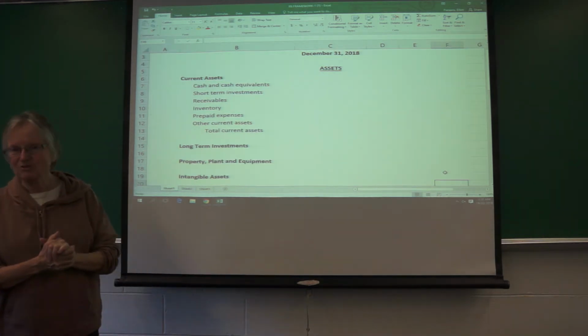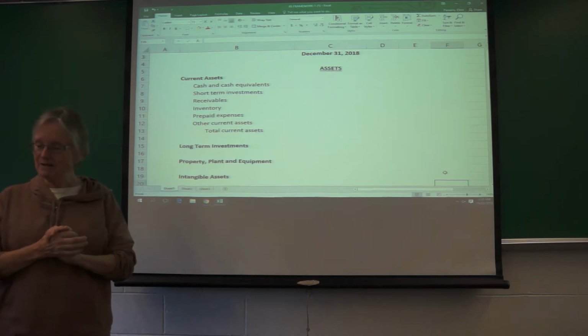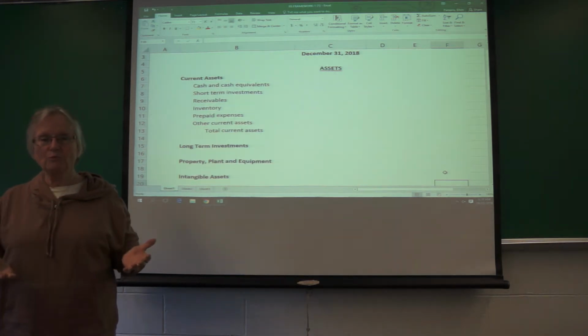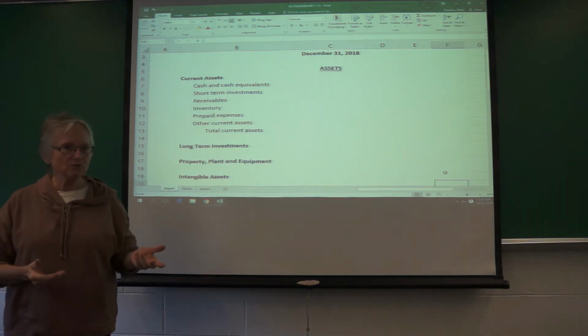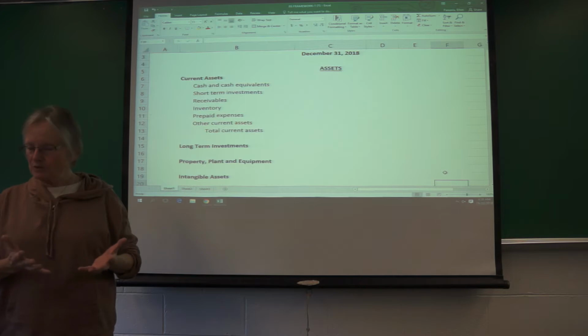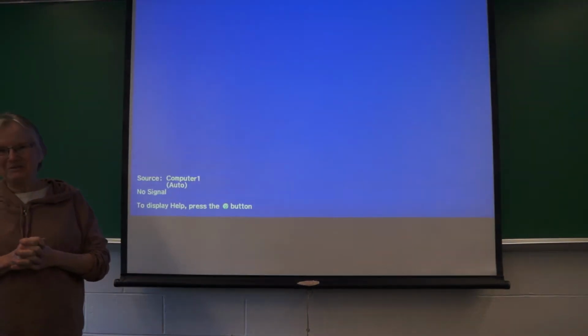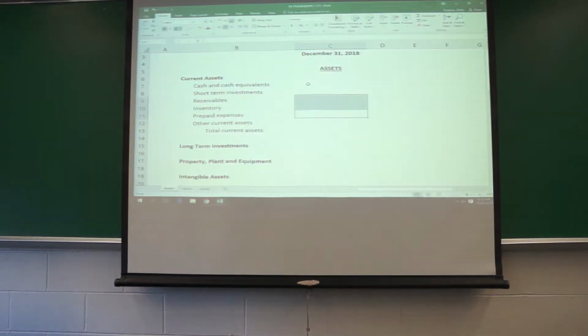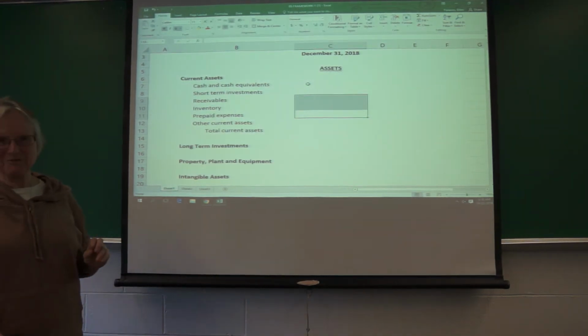Prepaid expenses. Our prepaid expenses, we record an asset for prepaid rent, prepaid insurance. It's going to provide some future economic benefit, whether it is short-term or long-term depends on when the benefit occurs.